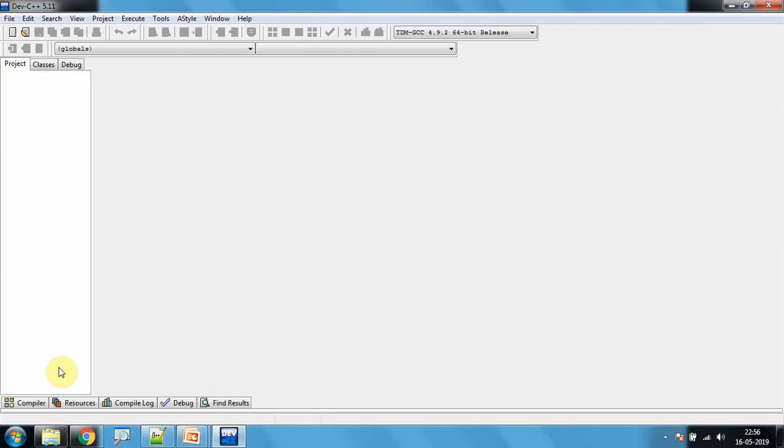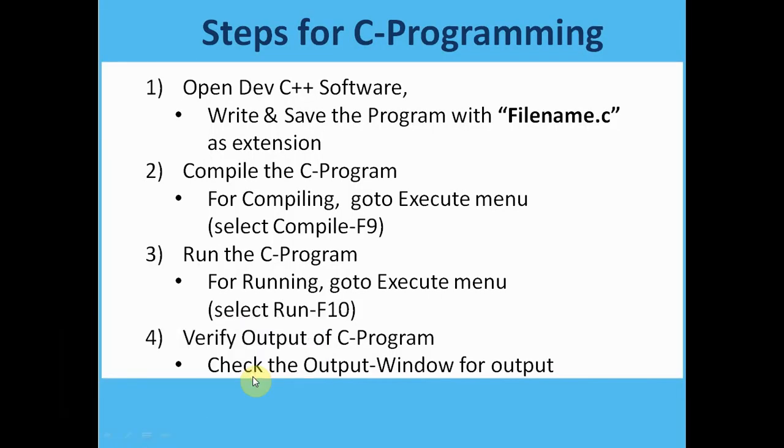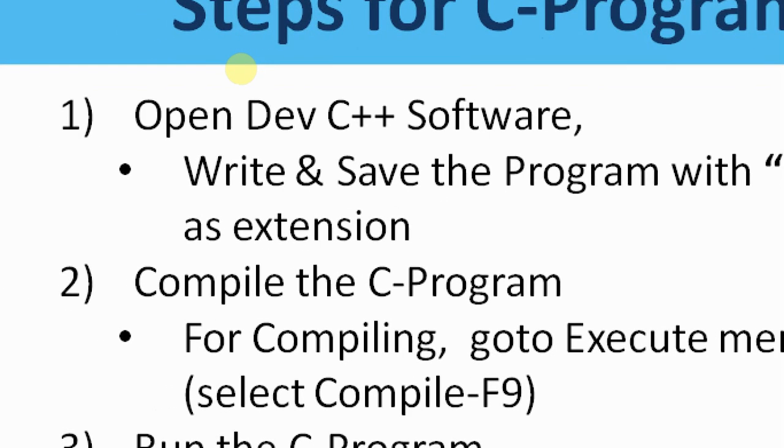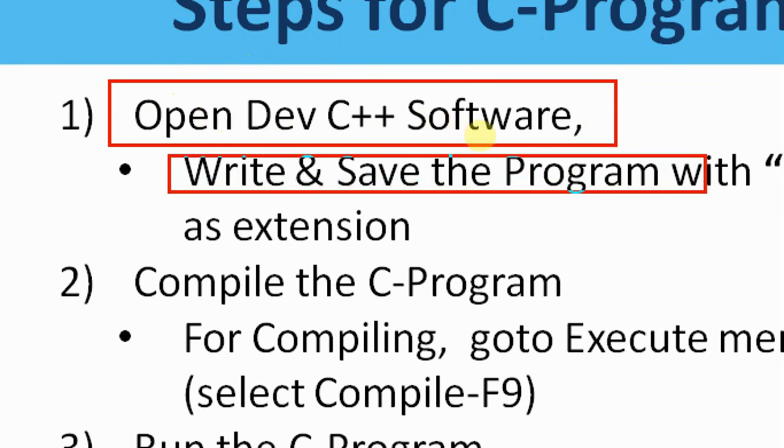Right, so what are the steps for writing and executing a C program? Basically we have 4 steps. In step 1, open Dev C++ software from your desktop, and then write and save the program.